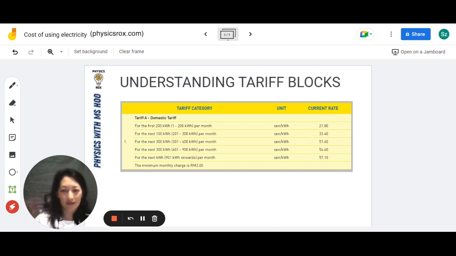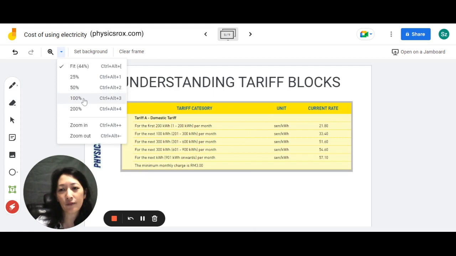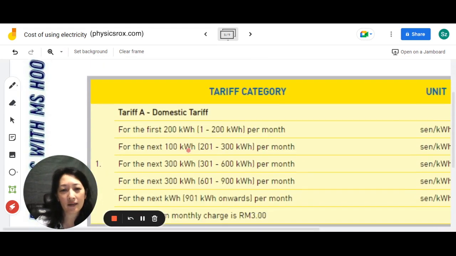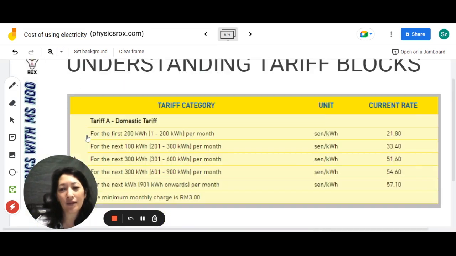This is addressing Malaysia's tariff rate. So you can see over here, it says for the first 200 kilowatt hour, the rate is 21.8 cent. The next 100 kWh, 33.4, and so on.